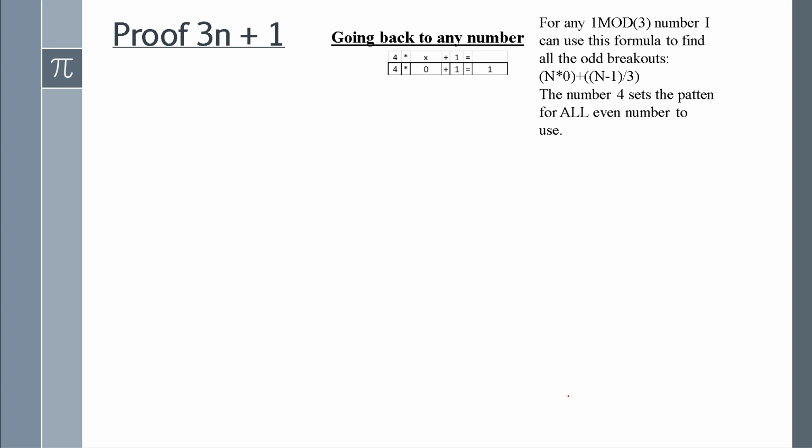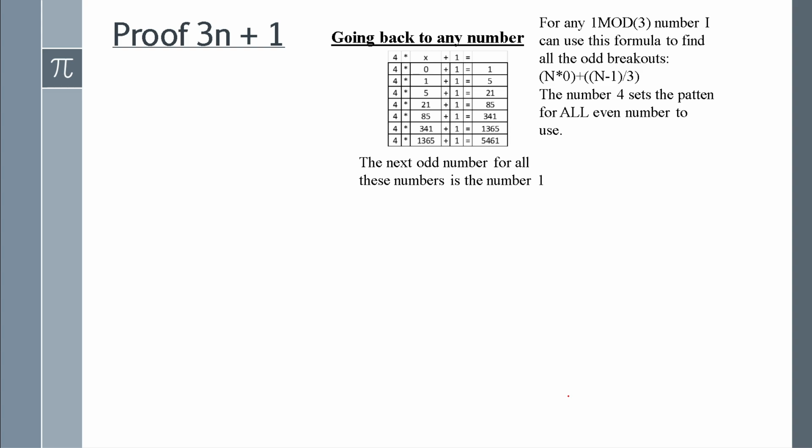So I'm going to start with 0 and I get 1. And I'm going to take and plug in that result and get 5, 21, 85, 341, 1365, 5461. Right? The next odd number for all of these is the number 1.